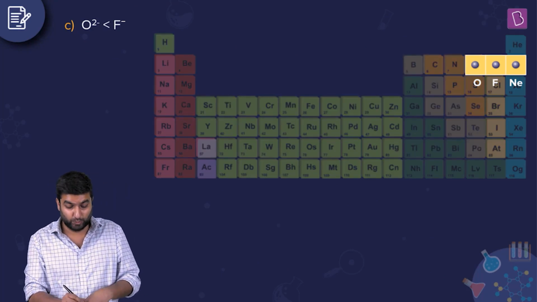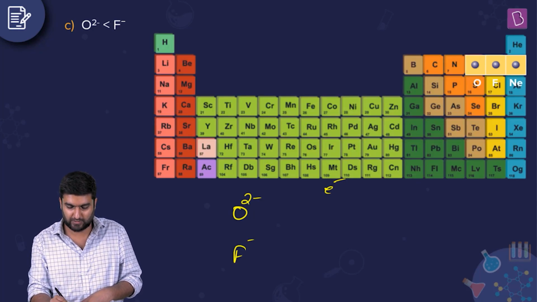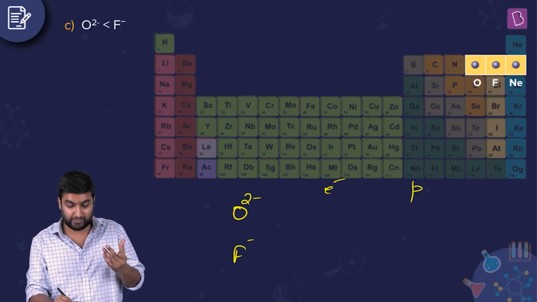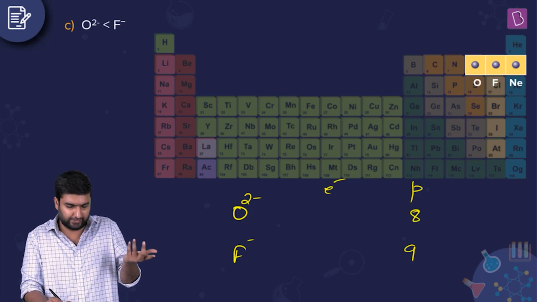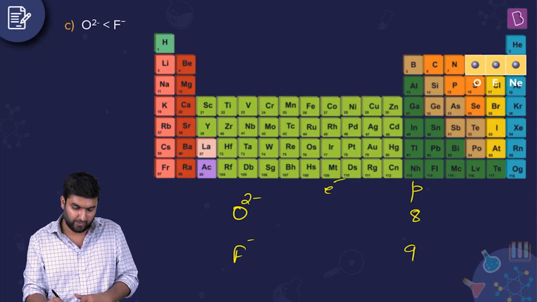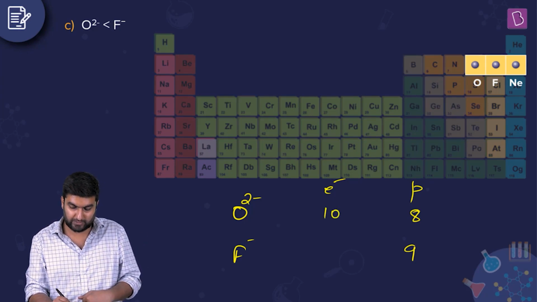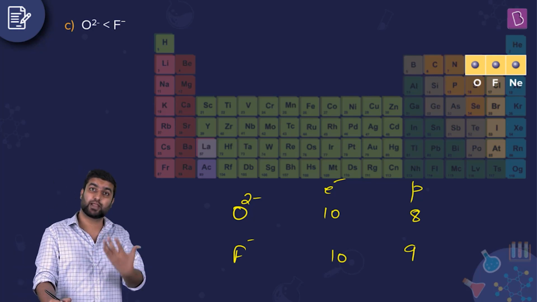Okay. O2-, F-. Electrons, protons. Okay. Cool. So that will be 8 protons, 9 protons. That's pretty fine, right? Now, we had 2 electrons added, so 10 electrons, and 10 electrons here as well because F- has 1 electron added.